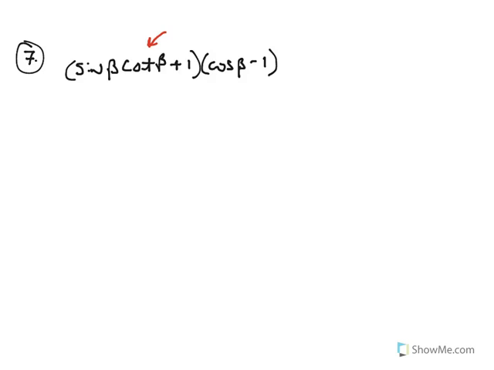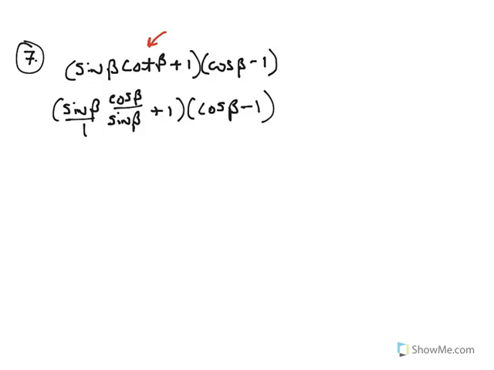So if we start with sine of beta, switch your cotangent to cosine over sine. Notice that your sines are going to cancel top and bottom, and then you still have the plus 1. And then cosine beta minus 1 is the other factor.